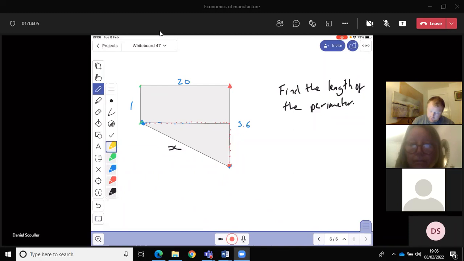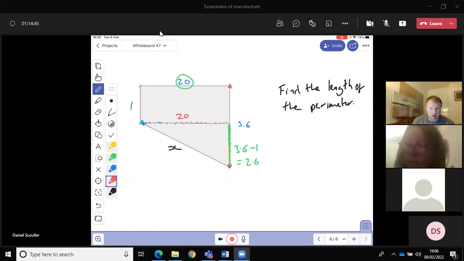It means the first side of the triangle, that I'll put in green, not yellow, is just going to be 3.6 minus our 1. So it's going to be 2.6, say meters or whatever. So that green side of that triangle is going to be 2.6 long. The long side is just going to be the same length as the dimension we've been given up here, so that long side is just going to be 20.